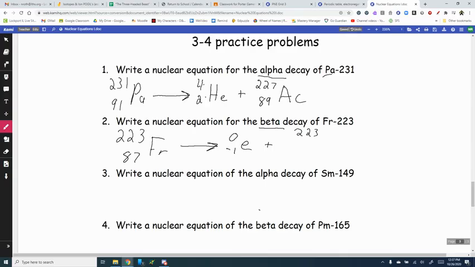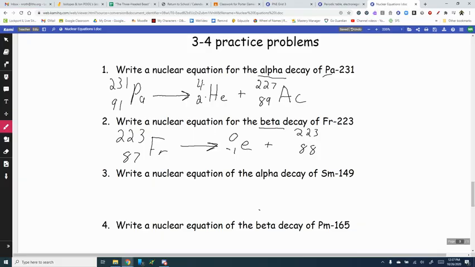We took a neutron, we turned it into a proton. It's still inside, so the mass didn't change because neutron has a mass of 1, proton has a mass of 1. So mass doesn't change. The atomic number is going to increase by 1. So how we get that is we take 87 minus -1, and we get 88.